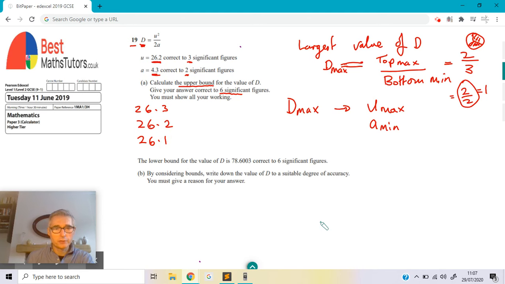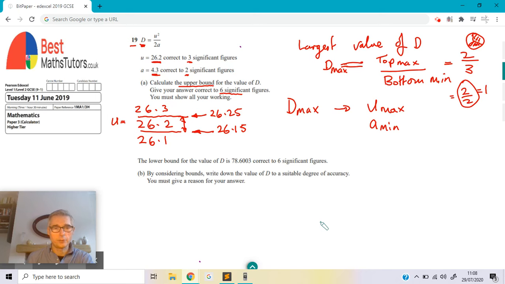So for us to give a value of 26.2, we're in this range, and the halfway point between 26.2 and 26.3 is 26.25. So 26.25 is the maximum value that 26.2 could be, and the lower bound of U would be 26.15.